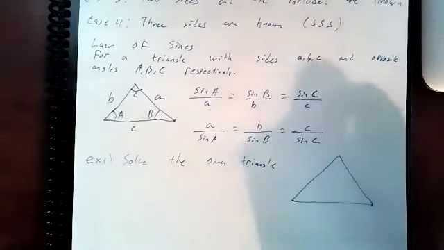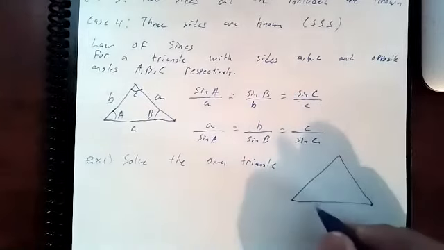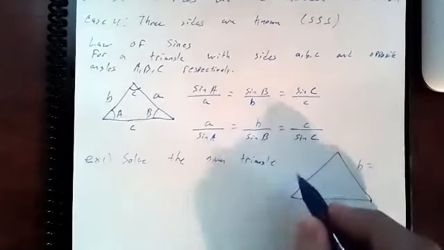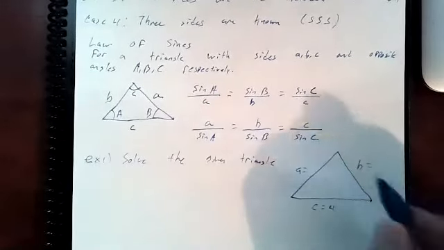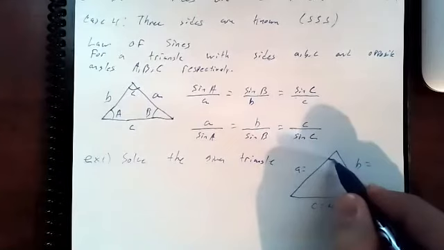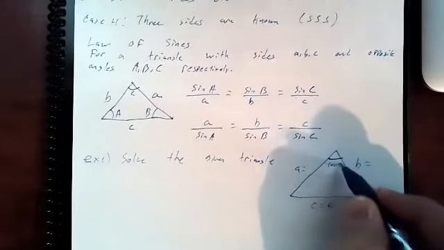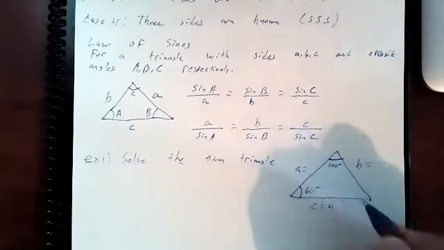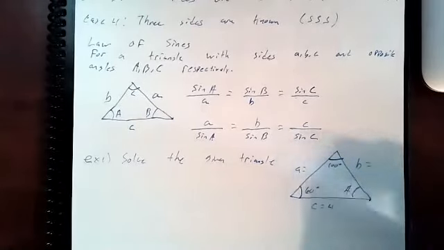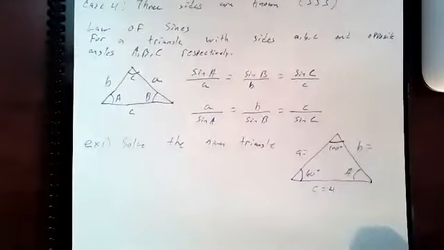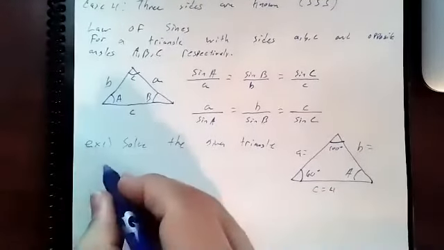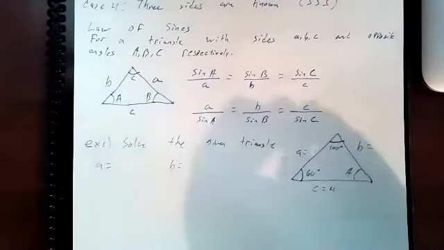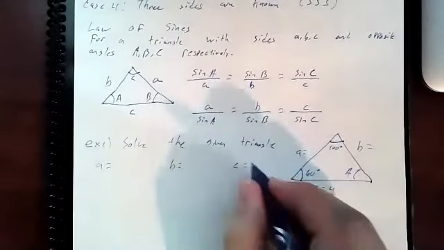So they're going to give me one side. Don't know the other sides. I know that this angle is 100. This angle is 60. This one is unknown. So let's write down everything that we do know. Little a, little b, little c, this 4.